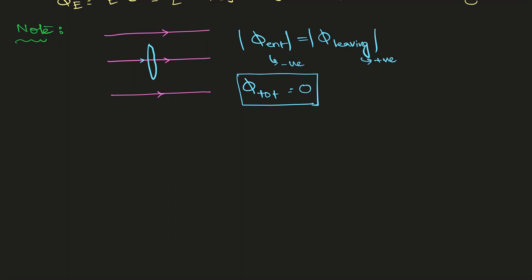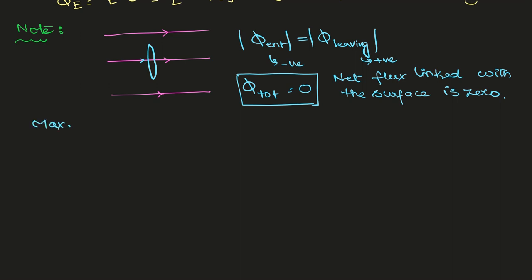So net flux linked with the surface is 0. But if they ask what is the maximum flux linked, then we have to take that cross sectional area.